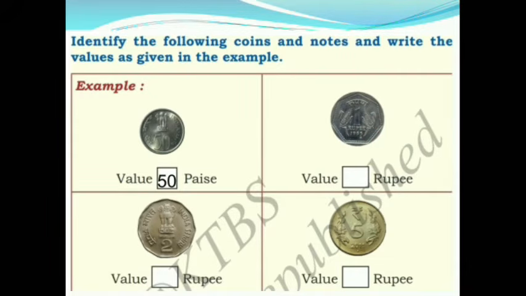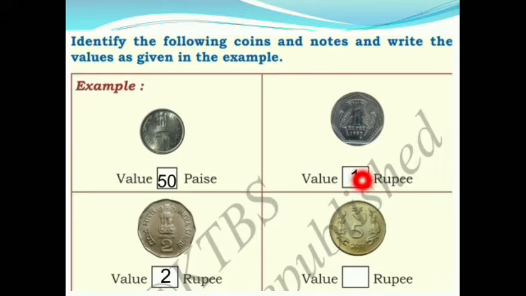Yes, it is a 1 rupee coin. So the value of this coin is 1 rupee. Next we have this coin. Which coin is this? Yes, 2 rupee coin. So the value of this coin is 2 rupee.